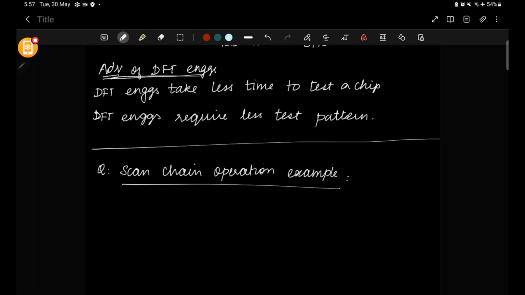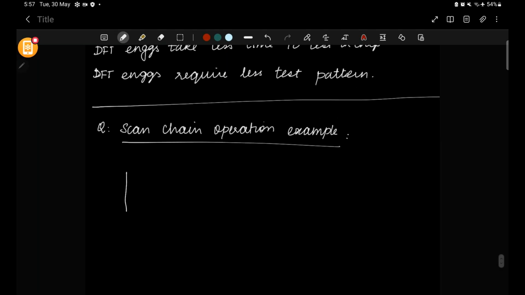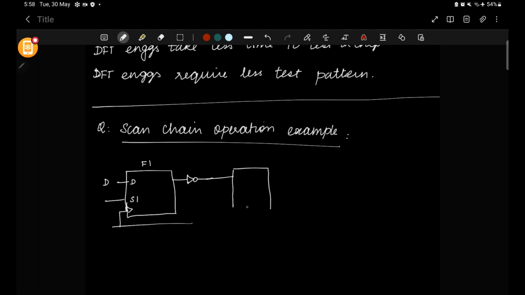So you can take a small circuit like this. This is SI, and then this is clock. This is flip-flop 1. And then this small combo logic I've taken is just a NOT gate. And then this is flip-flop 2.